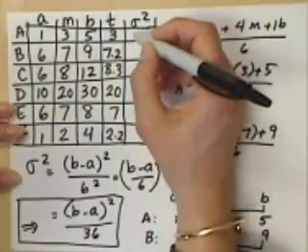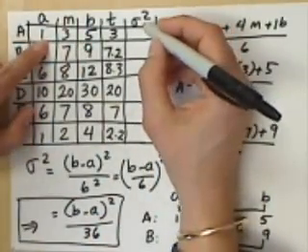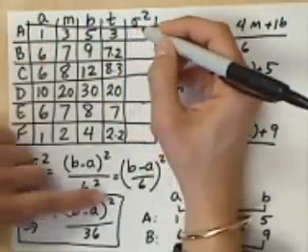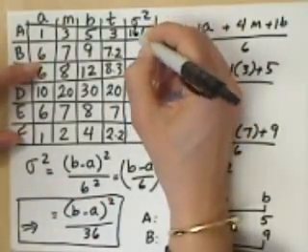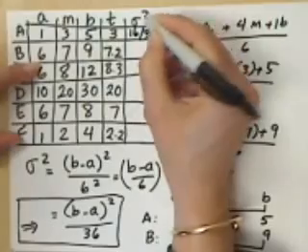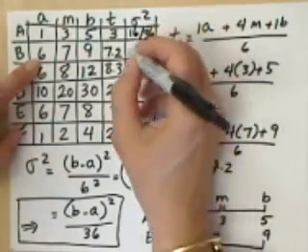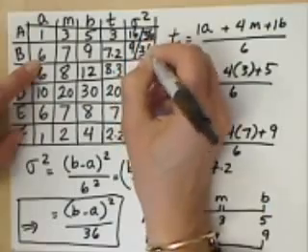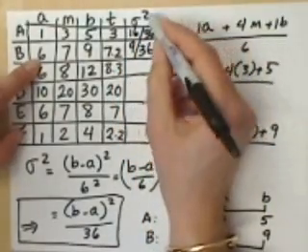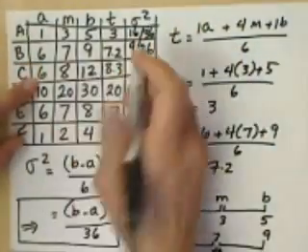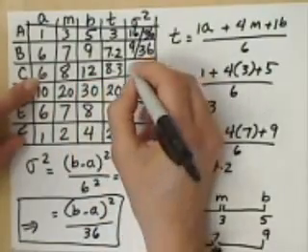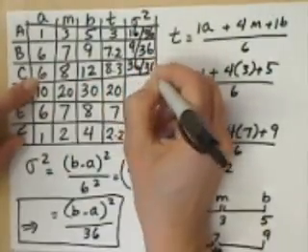Let me show you. B minus A for activity A is 4, so 4 squared is 16 over 36 is my variance. 9 minus 6 is 3, 3 squared is 9 over 36. Here, 6 is the difference, 36 over 36.